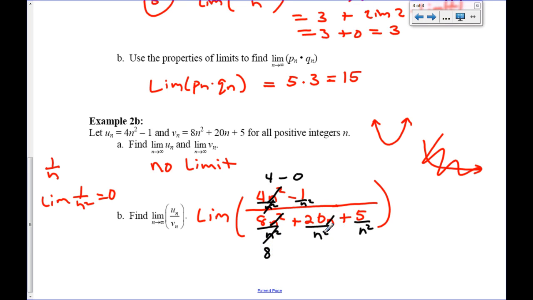My n cancels, so I'm left with a 1n on the bottom. So what is that going to be? 20 over n. What's that limit? 0. And what's the limit of 5 over n squared? 0. Okay? So my question to you now is, what is my limit of 4 over 8? 1/2.